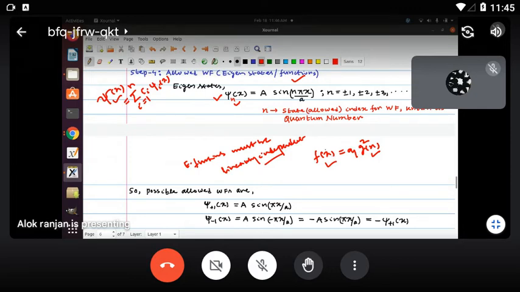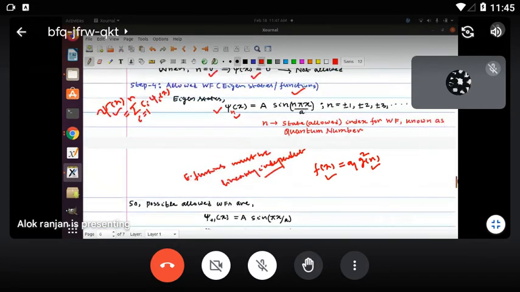So let's check whether all these eigenstates or eigenfunctions are linearly independent or dependent. In fact, the positive side of the eigenstates, when we use n equal to plus 1, plus 2, plus 3, are actually linearly dependent on the negative side of the wave function, that means n equal to minus 1, minus 2, minus 3. So now here is the proof.